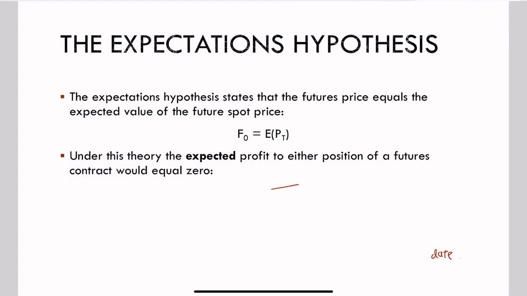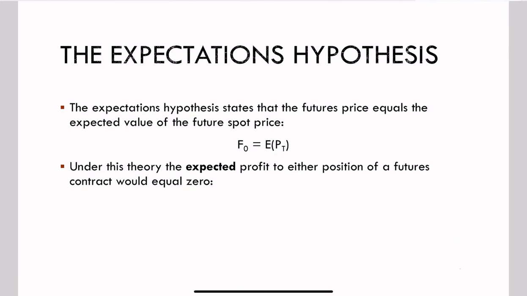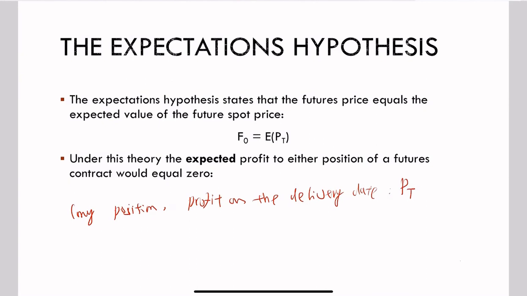Remember that if you're taking a long position, your profit on the delivery date is given by the spot price on the delivery date minus your futures price, PT minus F0.